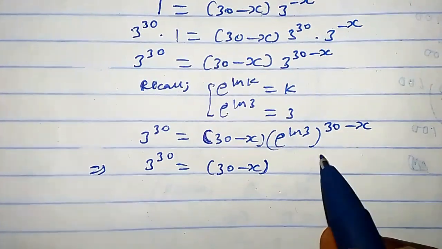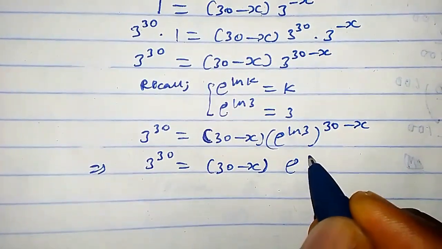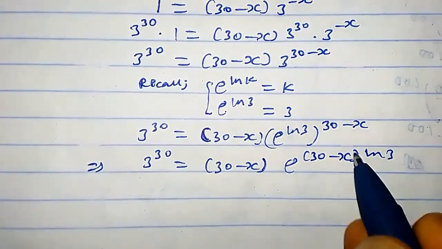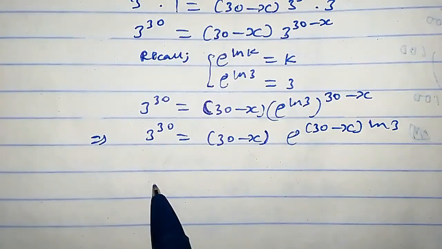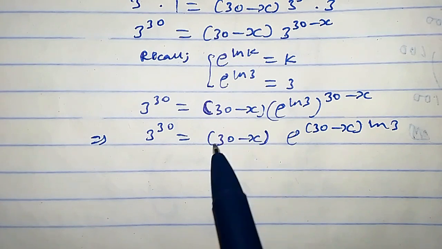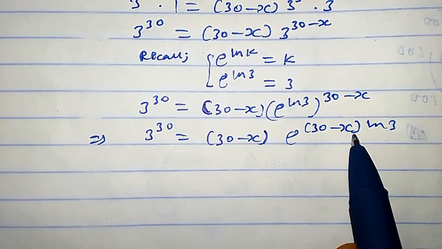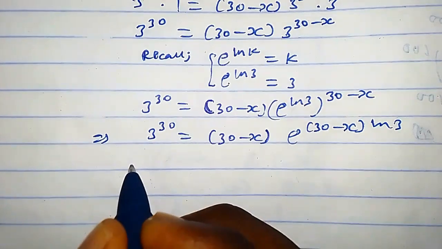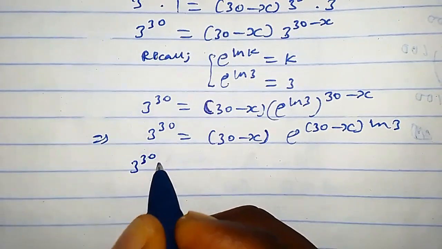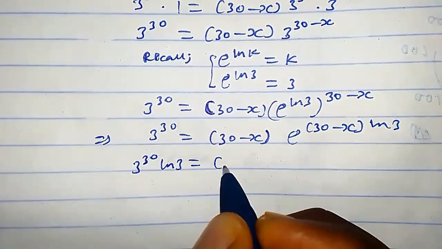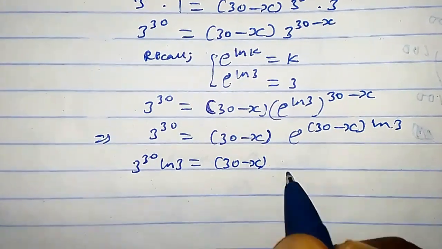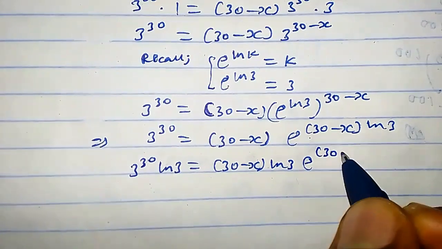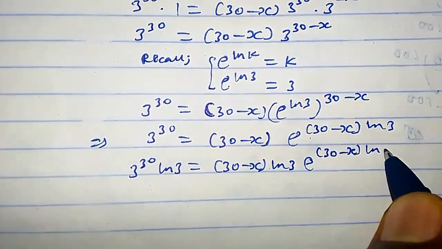We can write this guy as exponential 30 minus x times ln 3 by laws of indices. So now let's make this coefficient look like the exponent. So we just multiply both sides of this equation by ln 3. So we're going to have 3 raised to power 30 times ln 3 equals 30 minus x times ln 3 times exponential 30 minus x times ln 3.